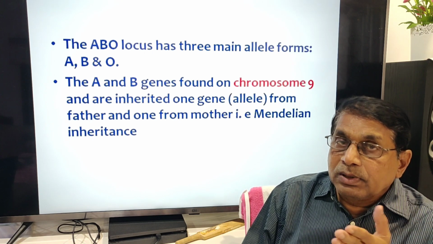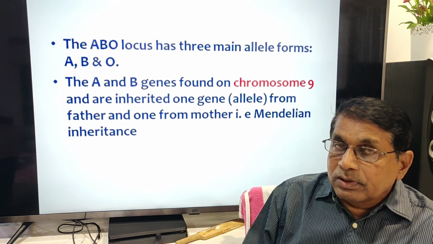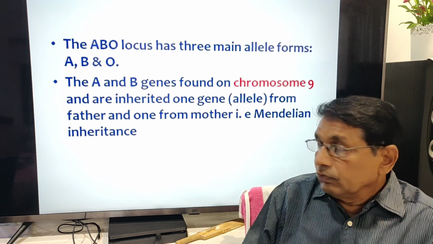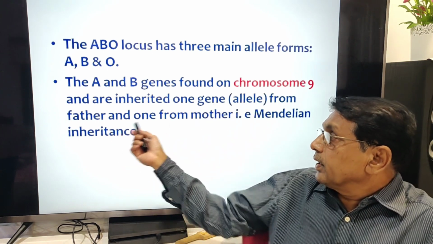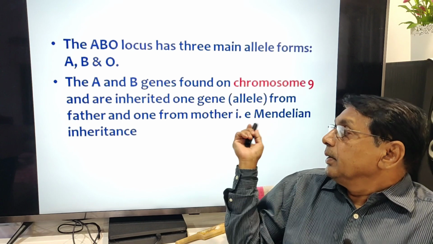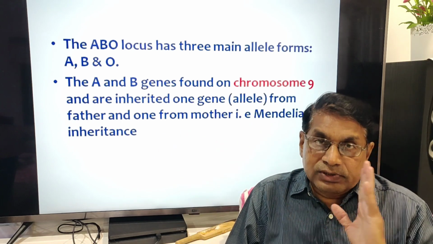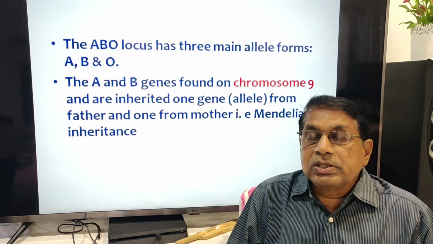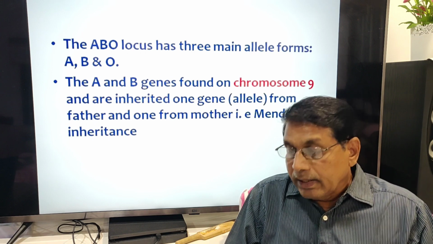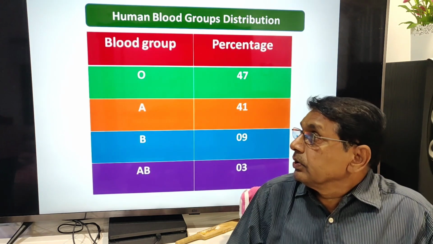Suppose one is AB blood group. A comes from mother, B comes from the father. One gene from father and one gene from mother. Mendelian inheritance. If such is the case, alleles are present, they will be inherited as per Mendel's laws.